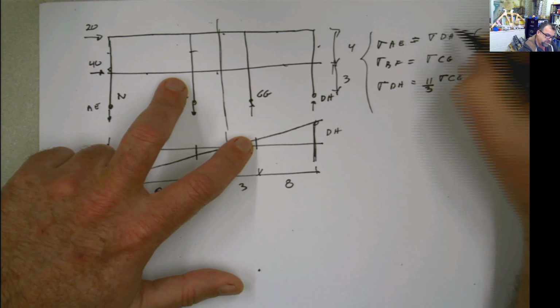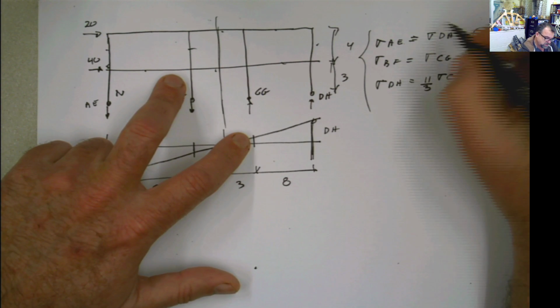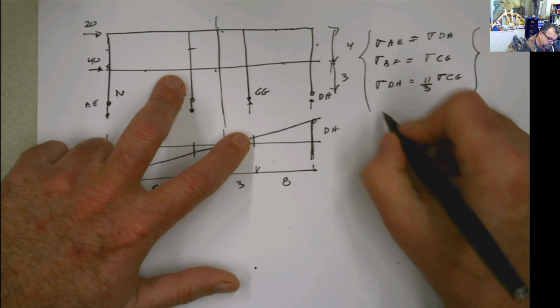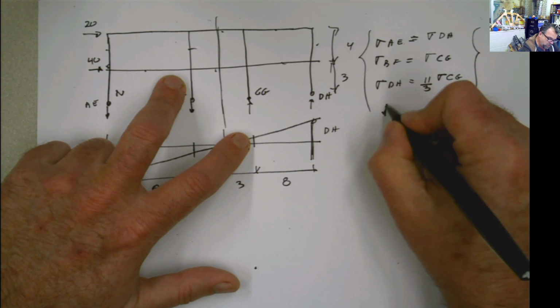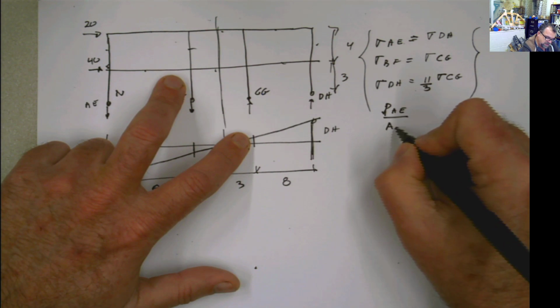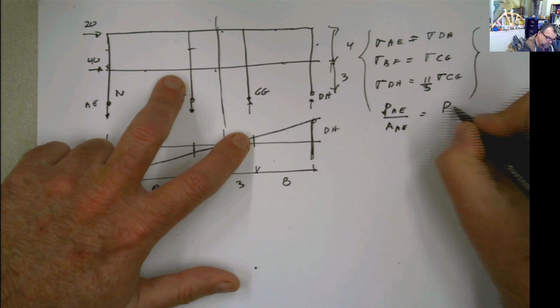Now remember, if the areas, I'm insisting on this because there is a bunch of problems that the areas are not the same. So if the areas are not the same, then this equation will be the force of the column AE, which is what we are looking for, divided by the area at AE has to be equal to the force DH divided by the area DH.